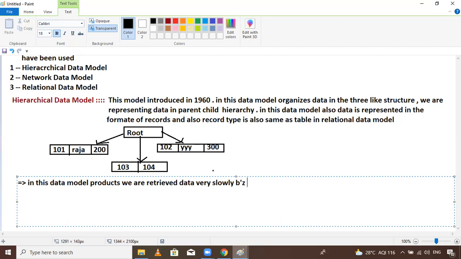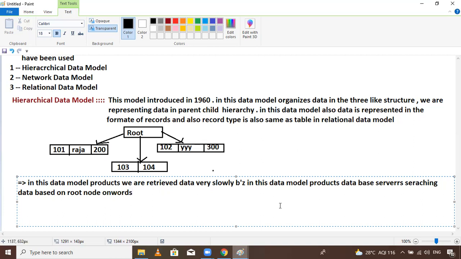Because in this data model, the database server searches data based on the root node onwards.